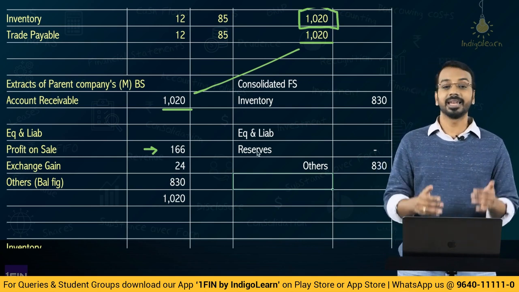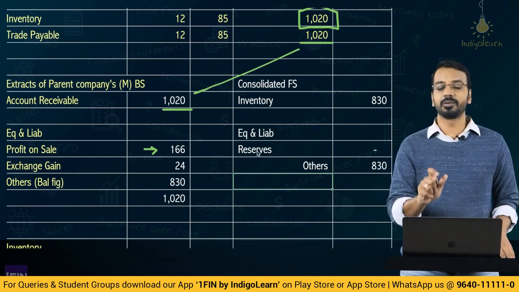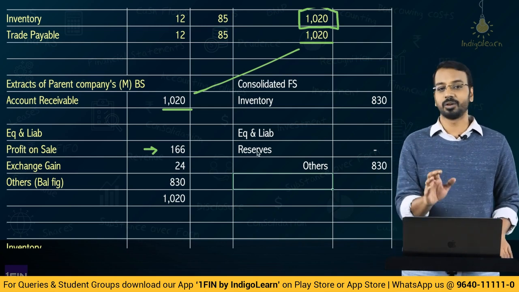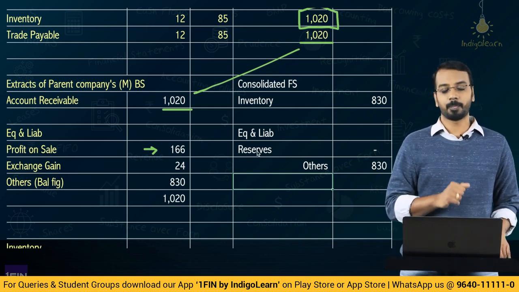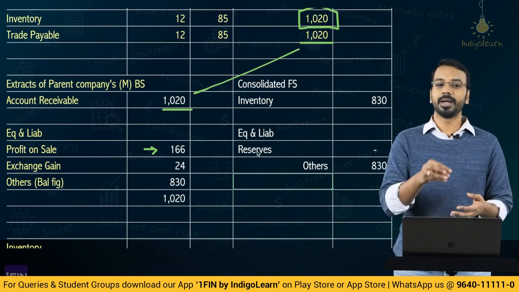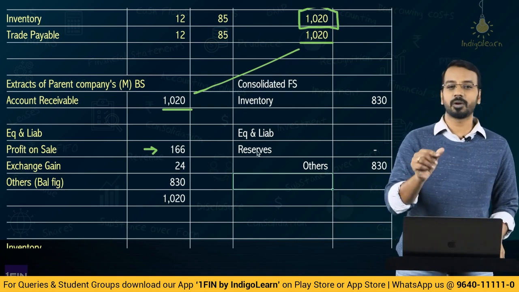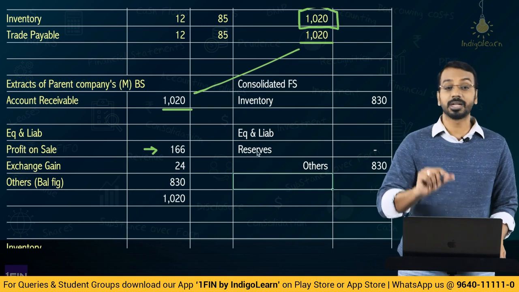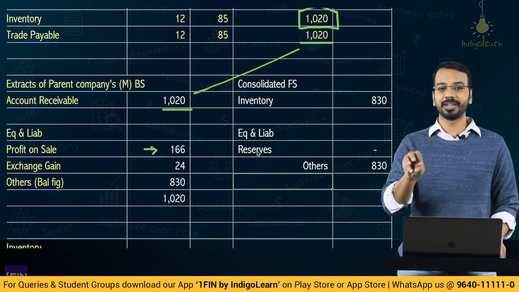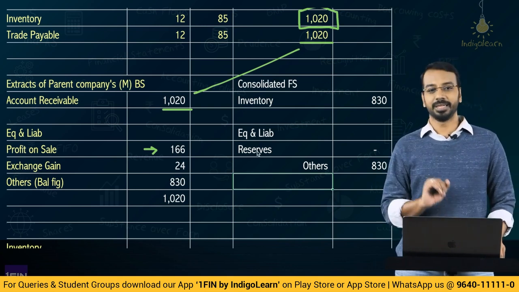Any unrealized gain has to be eliminated. So, whatever was the gain on restatement of debtors and all of that, that we have eliminated. Now, because the inventory is within the group and the cost is 830, the unrealized profit which you have not yet realized, you have not yet sold it outside the group, as far as it is related to inventory, that has to be eliminated.